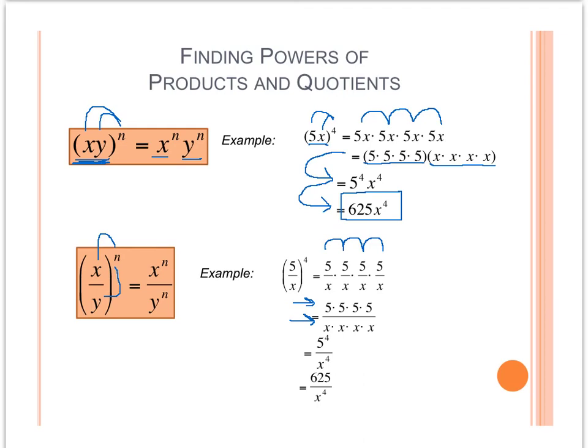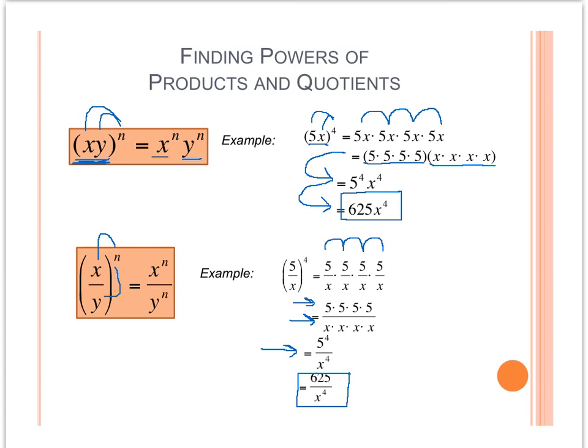So if we write that in exponential form, we have 5 to the 4th in the numerator and x to the 4th in the denominator. And again, if we simplify 5 to the 4th, we are left with 625 divided by x to the 4th.